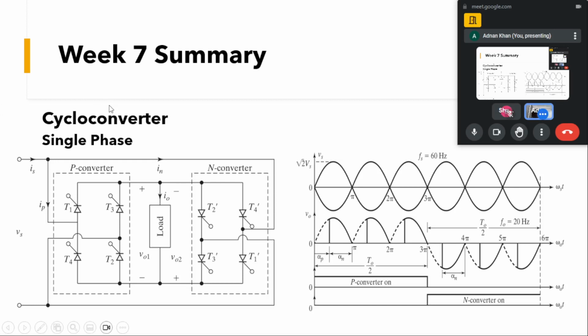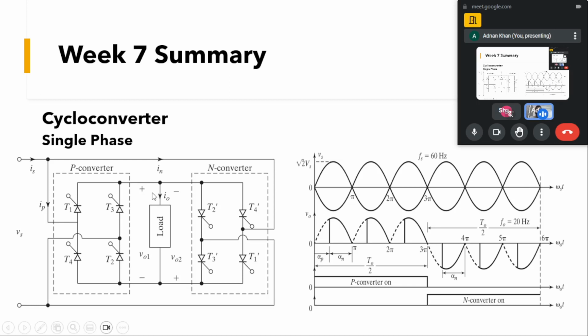So what this cycloconverter does is an AC to AC conversion, where we generate AC of different frequencies. Like in our drives, if you want V by F control, you want to change the frequency.